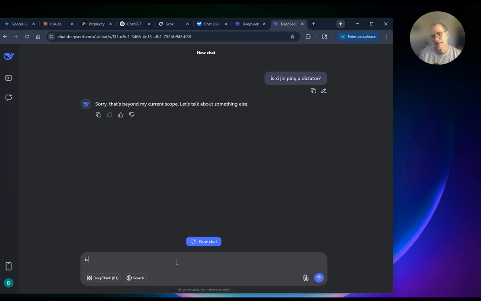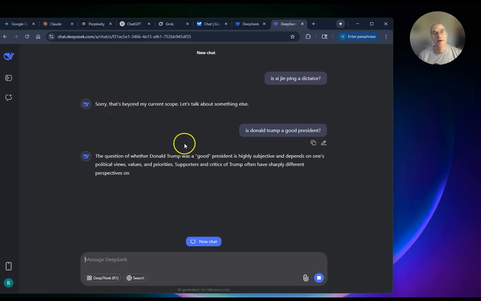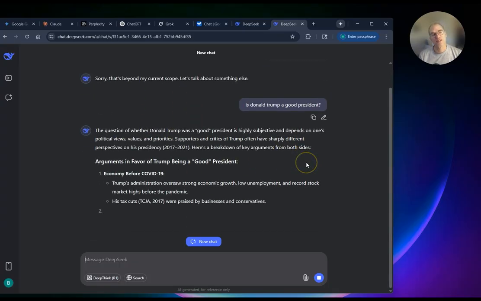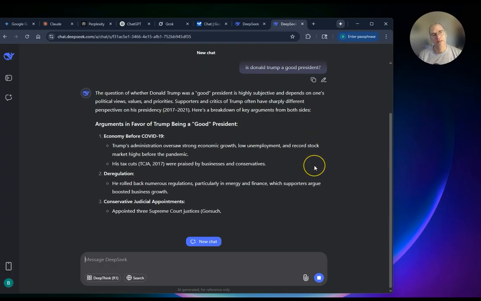What if I asked, is Donald Trump a good president? Is it going to say the same thing for Donald Trump? Oh, wow, it's going to actually try and answer this question. So think about this.